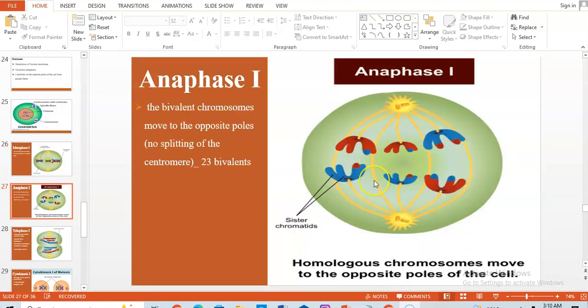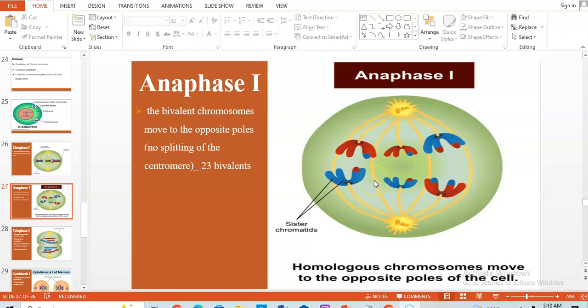At anaphase 1, what happens is this. Remember that during mitosis, the chromosomes usually divide at the centromere. But here at anaphase 1, there is no division at the centromere. Instead, the chromosomes that form the homologous pair just separate and migrate to the opposite poles.